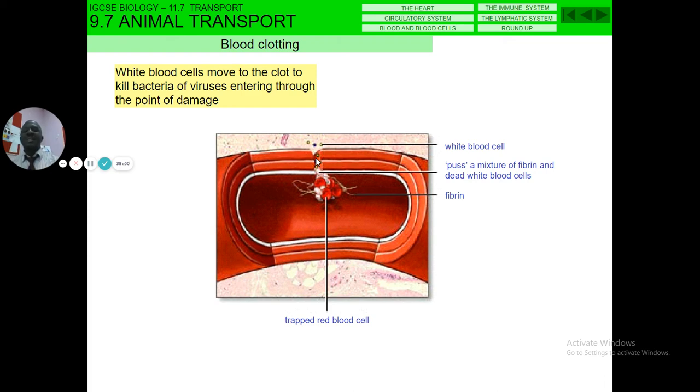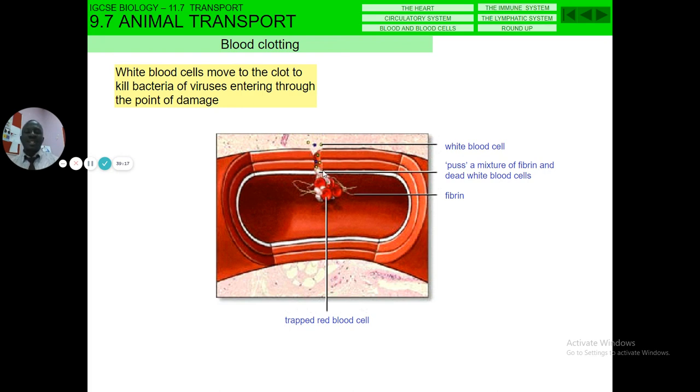That's why I told you their name is thrombocytes, because they form an enzyme known as thrombokinase, which converts prothrombin to thrombin, which converts the soluble fibrinogen to fibrin fibers, which form a network around the wound.